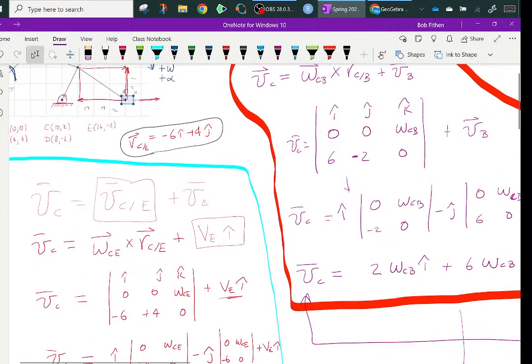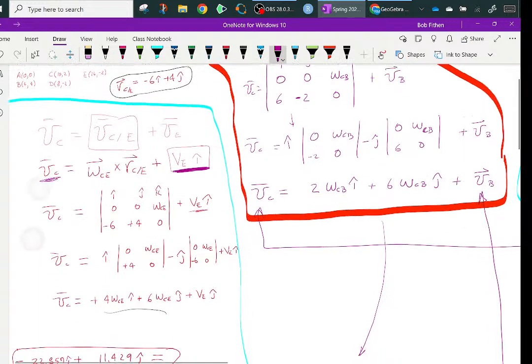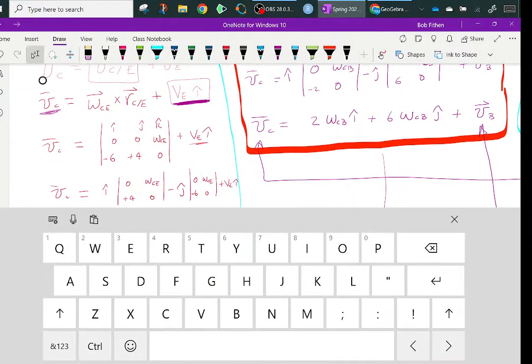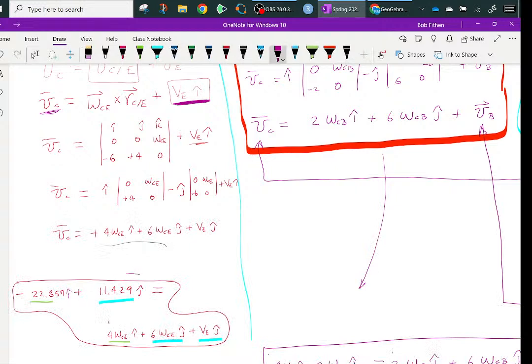Okay, so here's velocity of C, so the velocity of C relative to E plus velocity E. We're going to assume that it's sliding to the right. We have this from over here, and I am moderately okay with that.